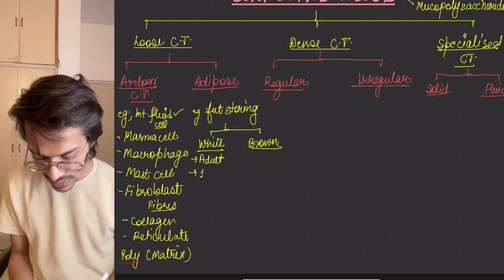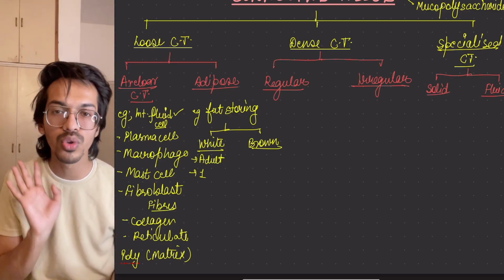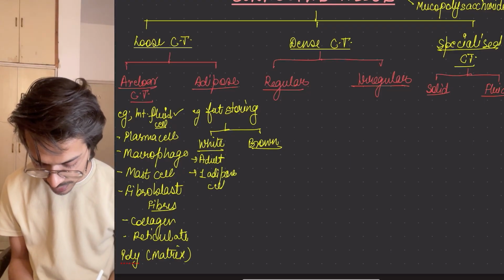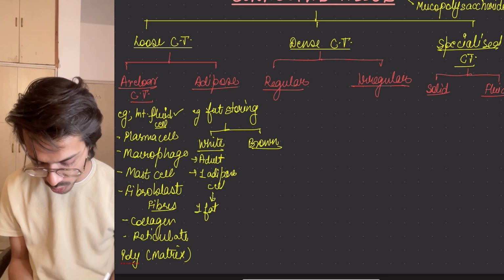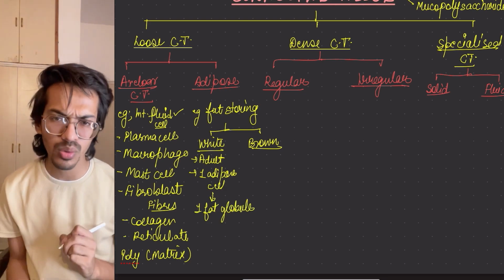In white adipose tissue, within one adipose cell there will be a single fat globule, so less energy will be provided.